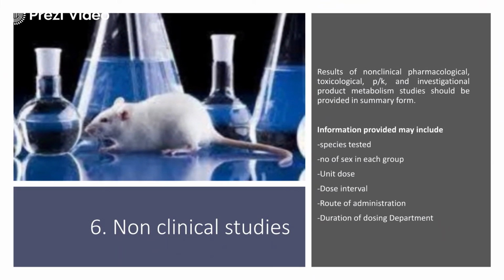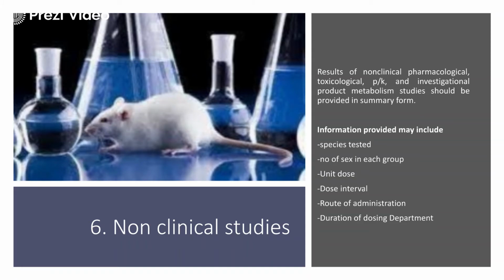Then next, this is a very important part, the sixth part, about the non-clinical studies. So whatever results of non-clinical, pharmacological and toxicological, pharmacokinetic and investigational product metabolism studies have been conducted, they should be provided in this summary form.